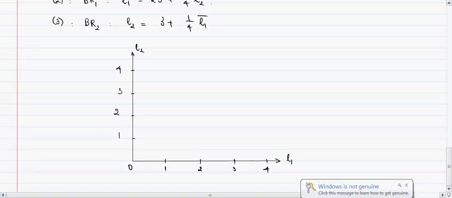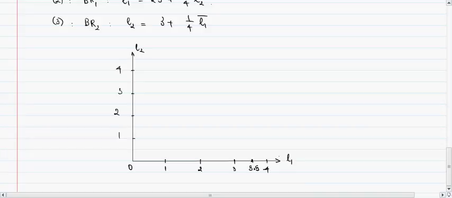So 3.5 is somewhere over here, where I have the first point, where L2 equals 0 and L1 equals 3.5. And if L2 equals 4, L1 is going to be equal to 4.5. So I should have another point. I'll extend my line a little bit. This is L1, and 4.5 should be somewhere over here.